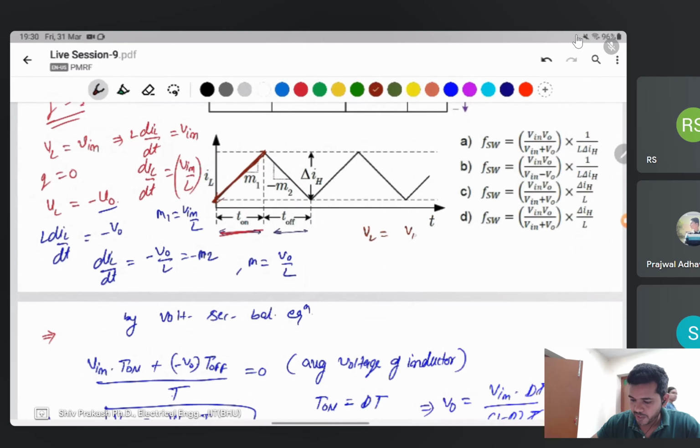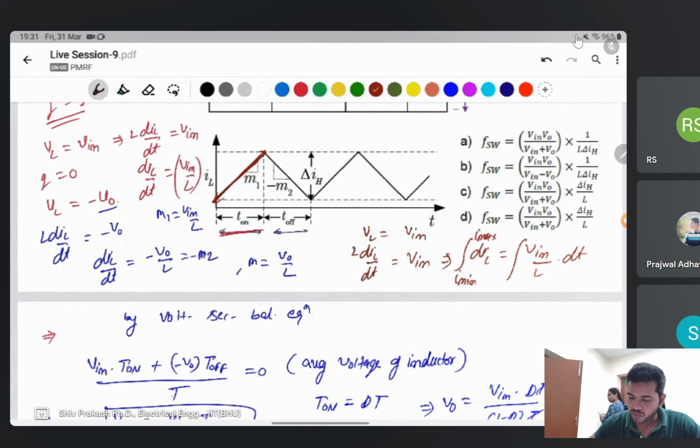The same applies when the switch is on. VL is equal to V in, L di by dt is equal to V in, then dIL is equal to V in divided by L into dt. Inductor current integration from I minimum to I maximum, and the time taken is 0 to T on.